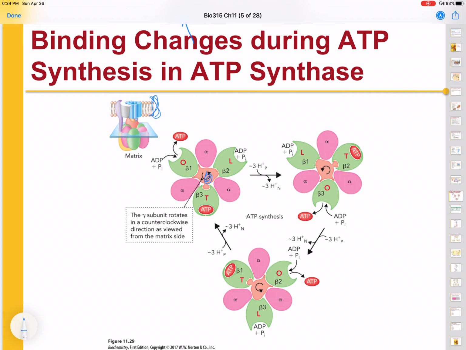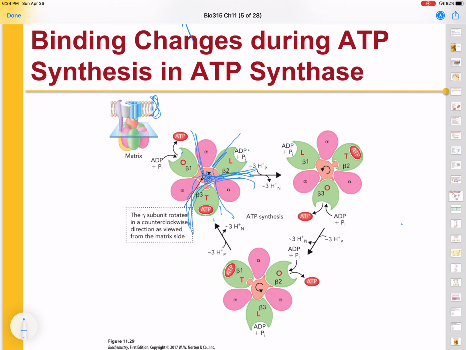One is binding ADP and inorganic phosphate. Another has ATP bound, and then another one is empty, for the release of ATP.